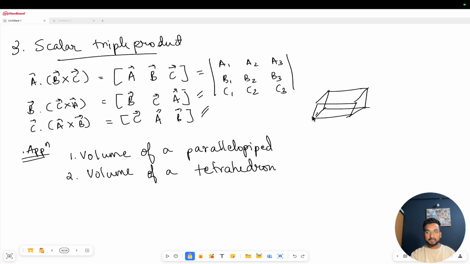Okay, and to calculate this, one very important thing is that all three vectors should originate from the same point. That means vector A, vector B and vector C should originate from the same point. Okay, so this is the use of scalar triple product.